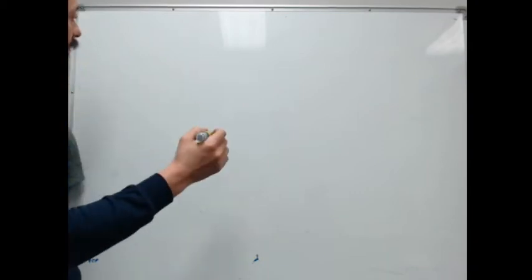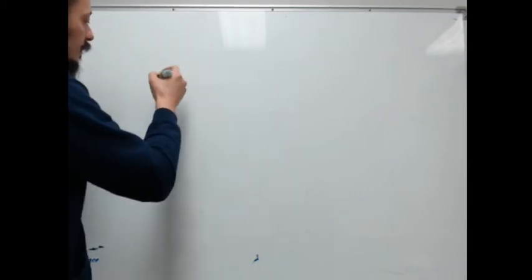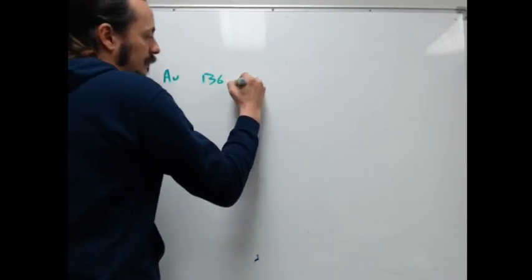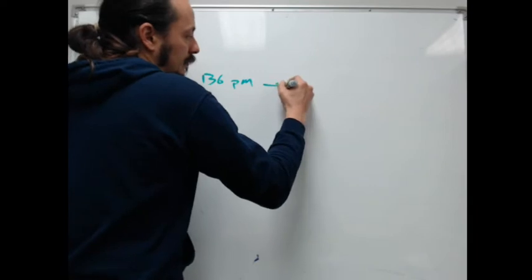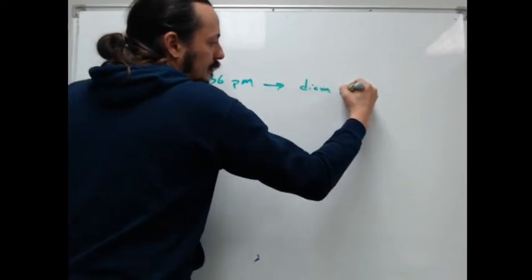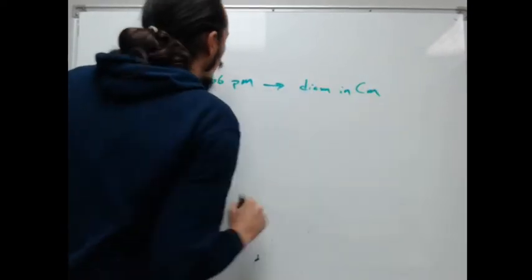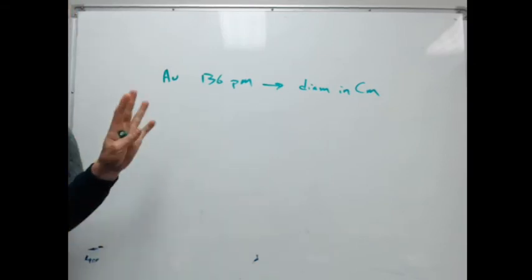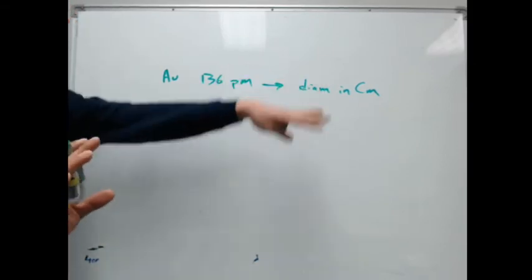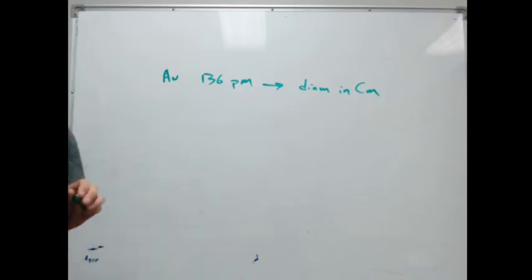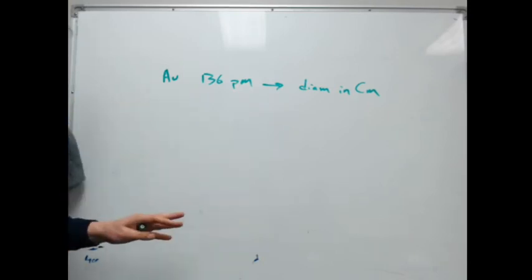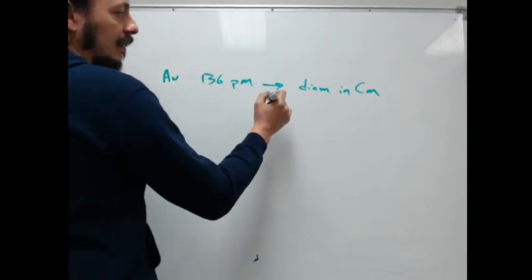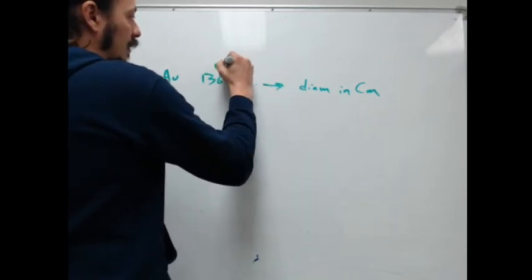So for question number 4, it's a gold atom has a radius of roughly 136 picometers. Calculate the diameter of the gold atom in centimeters. If we just forget the units for a minute and make sure we're getting the same number without worrying about the zeros... It was radius to diameter, so you'd have to double the number.